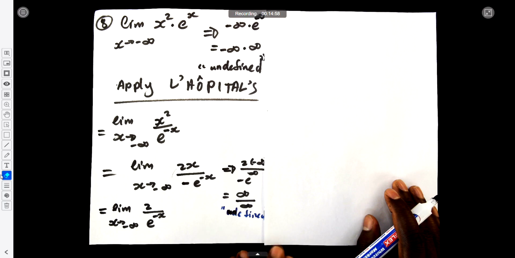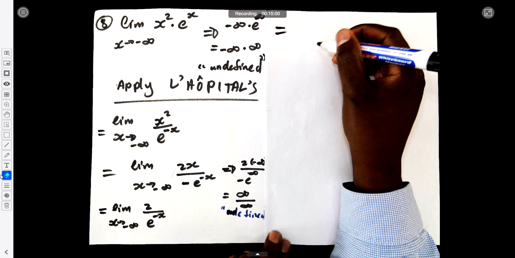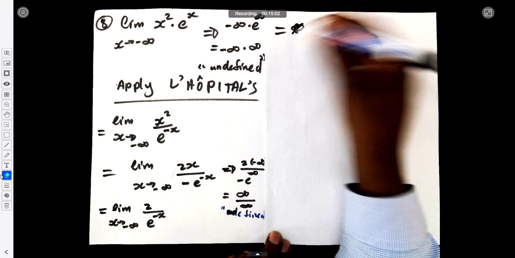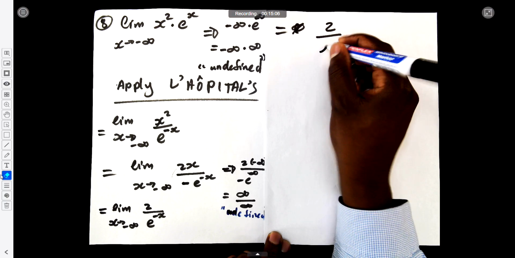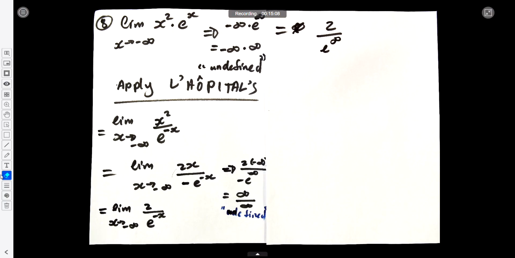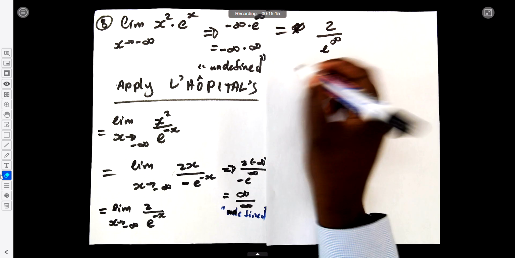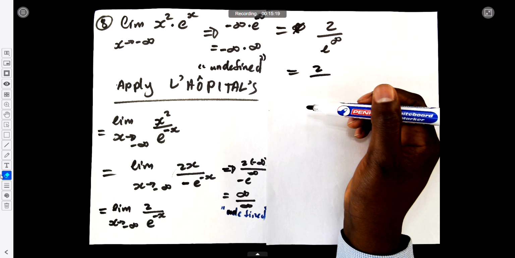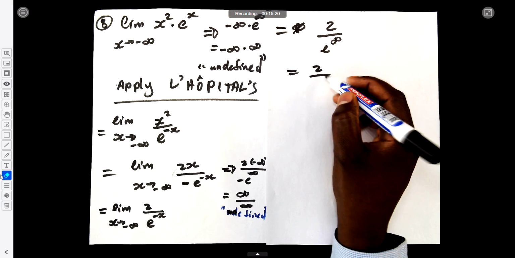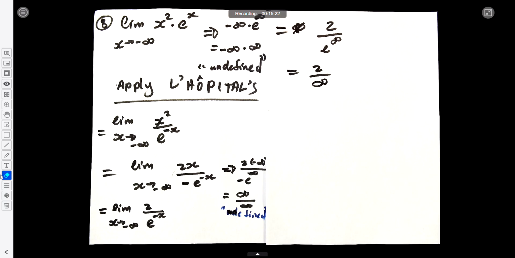So we wrap it up. We substitute now. So 2 all divided by e to the power of infinity. It was negative, so I substituted and it becomes positive. Now you have 2 divided by e to the power of infinity, which is infinity.